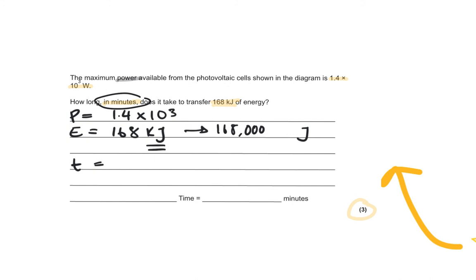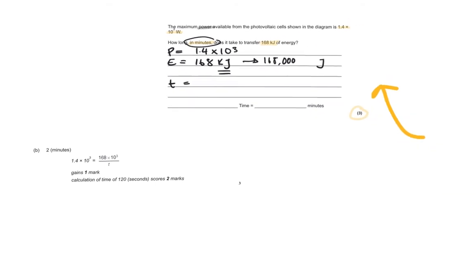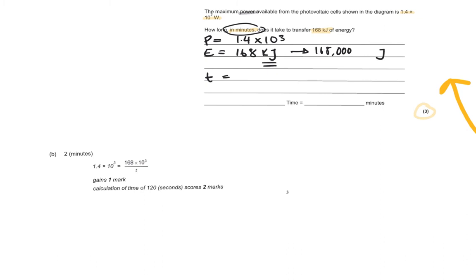So you've had a go now. What we should be able to do is just look over at the mark scheme. So the answer is 2. And as with most of these questions, if you get the correct answer, then you get the entire set of marks. But let's look specifically. So what they give you that first mark for is the identification that you are going to have to use the equation power equals energy transferred over time.